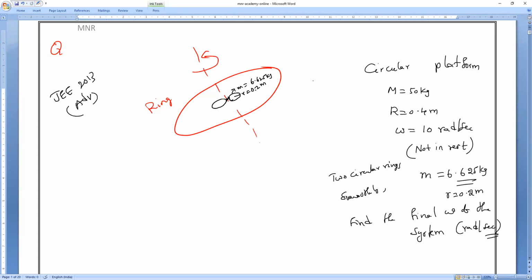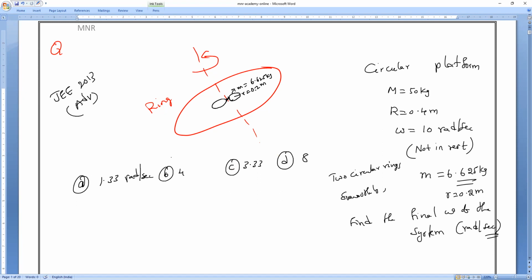So now they have been kept at the center of mass. So what is the final angular velocity of the entire system? That is what they are asking. So option A, 1.33, option B, 4, option C, 3.33 radian per second, option D, 8. So these are the options.